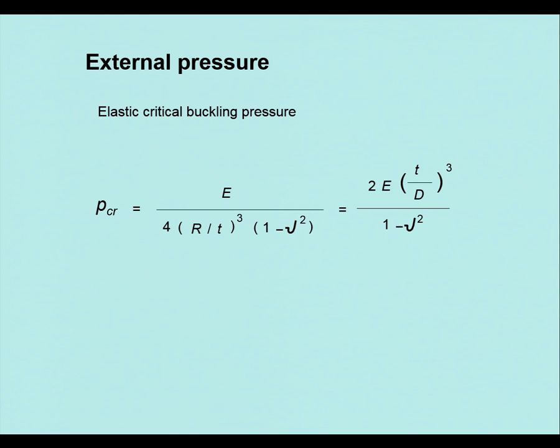You can see that is a function of the material properties: elastic modulus, which is the slope of that line, and Poisson's ratio, and then this is characteristic of the dimensions of your cylinder.